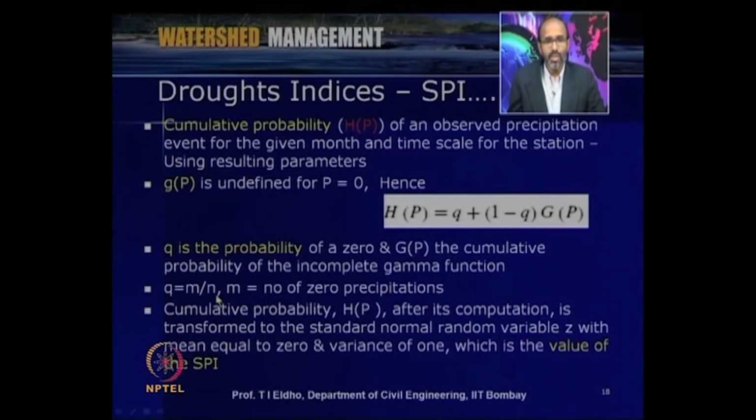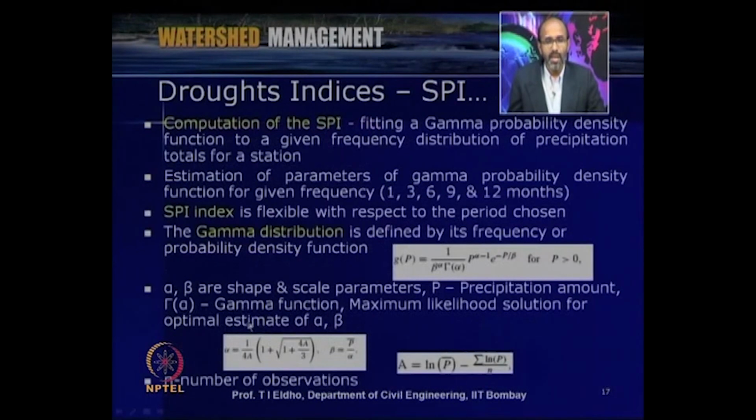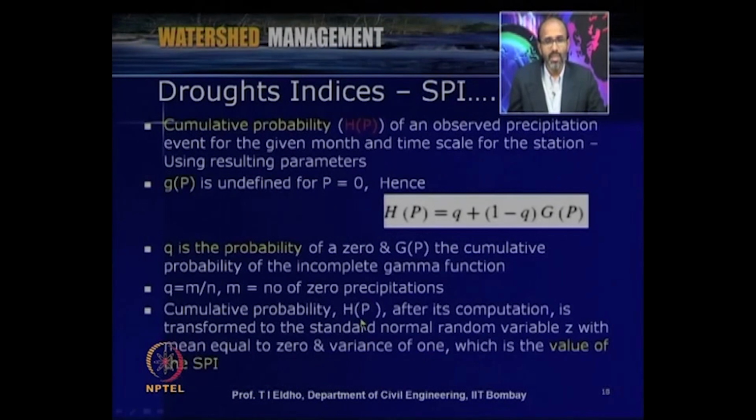And q is equal to m by n, where n is the number of observations and m is the number of zero precipitations for that particular area. Then the cumulative probability H(p), after its computation, is transformed to the standard normal random variable Z with mean equal to 0 and variance of 1, that is the value of the SPI.